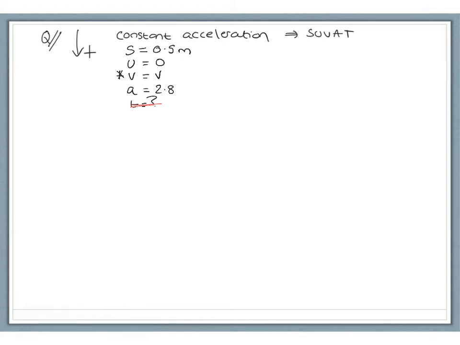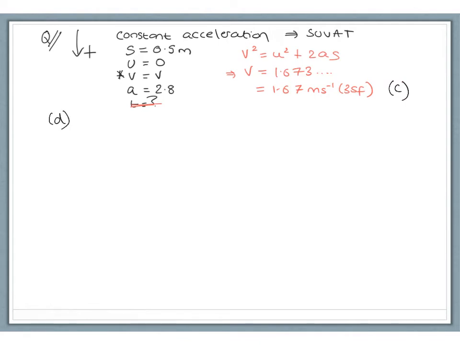So S, U, V and A allows us to use the equation V squared equals U squared plus 2AS. Substituting in all these values gives us a velocity of 1.673, or 1.67 meters per second to 3 significant figures. And this is our answer to part C.